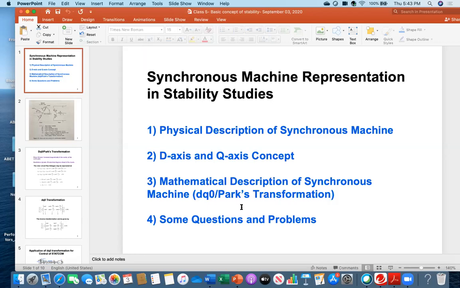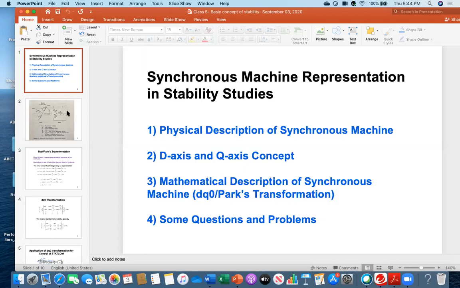He first transferred the three-phase A phase, B phase, C phase time-dependent functions into time-independent functions in terms of dq. And then there is another thing I am coming to. It is called dq0. So far I have talked only about the d-axis, q-axis. There is another thing which is called the zero sequence component.